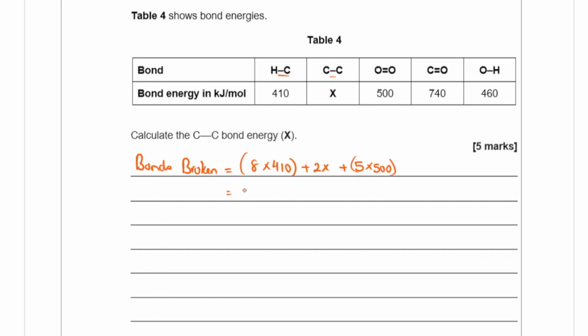That gives me 5780 plus 2x. Bonds made would be 6 carbon oxygen bonds, so 6 times 740, plus 8 of the oxygen hydrogen bonds, 8 times 460. That gives me 8120.